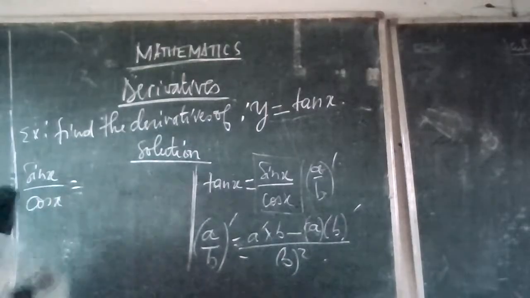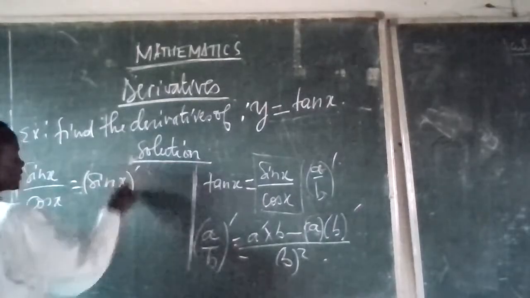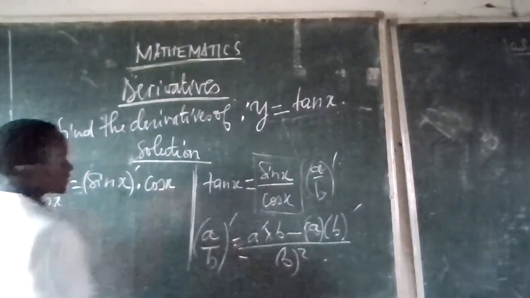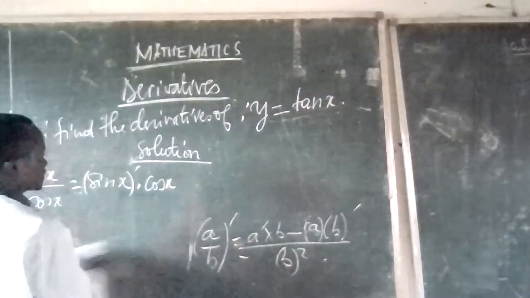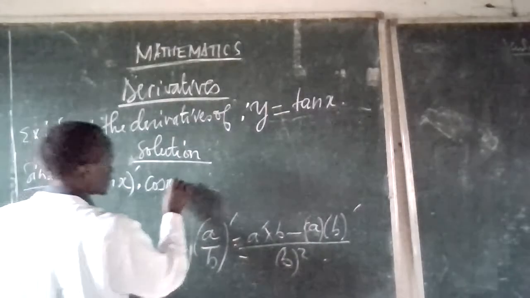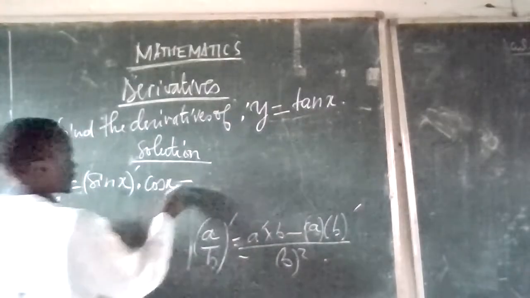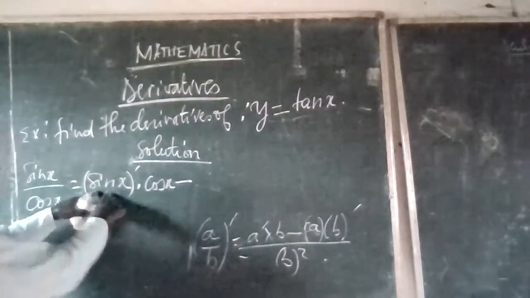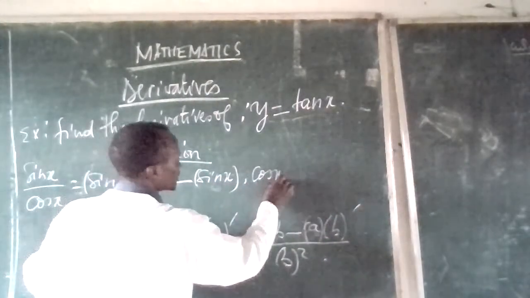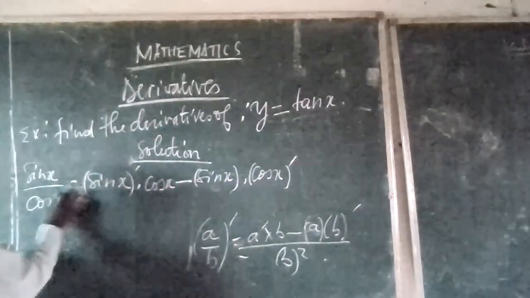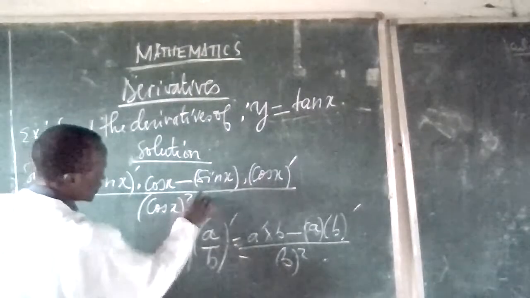It will be: take sine x, which is derivative, times cosine x, which is not derivative, minus sine x, which is not derivative, times cosine x, which is derivative, over cosine x squared.